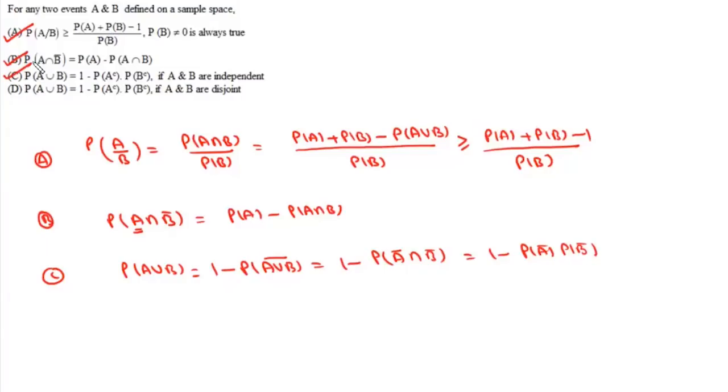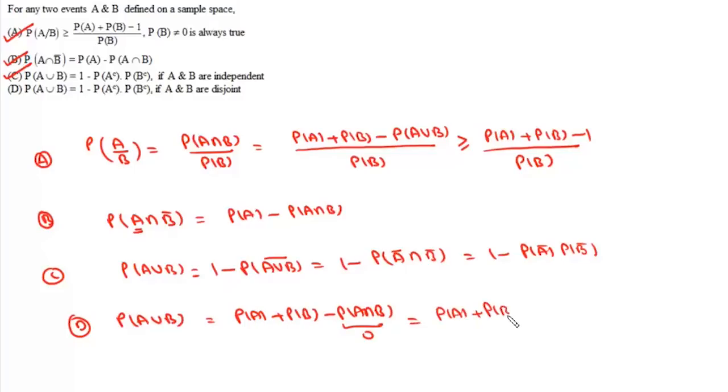Now what about option D? If A and B are disjoint, then we can write probability of A union B as probability of A plus probability of B minus probability of A intersection B, which in this case will be 0. So it will be simply this P(A) plus P(B), and we cannot write it in this form. So the correct options are A, B and C.